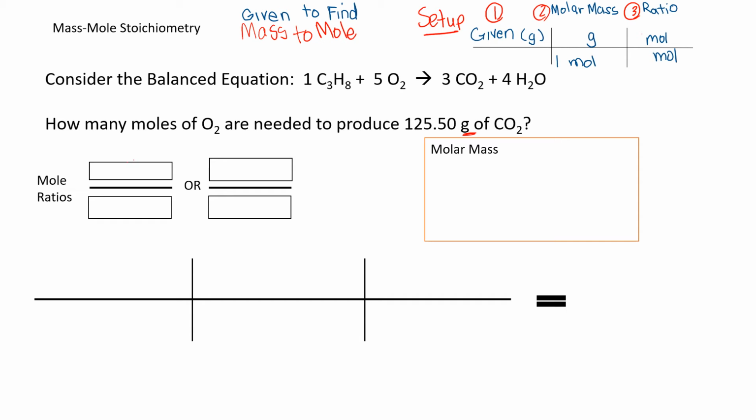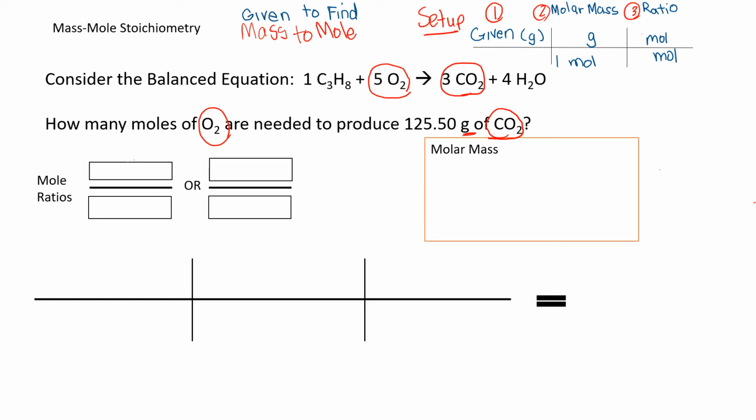So just like before, we're going to start by finding our mole ratios. So you look at the substances that are mentioned in the question. You've got O2 and you've got CO2. Now that you identified those, find them in the balanced equation with the coefficient. So you've got 5 moles of O2, and then for CO2, you've got 3 moles of CO2.